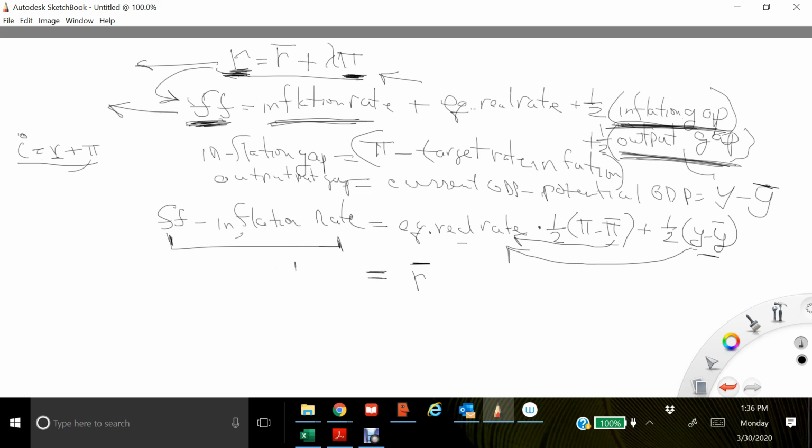That's why we subtracted that out. So now we have a relationship between real rates and some target real rate and some function of inflation. So that's how we can reconcile these two equations.